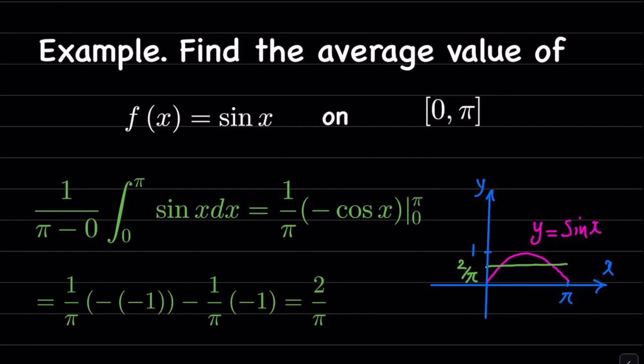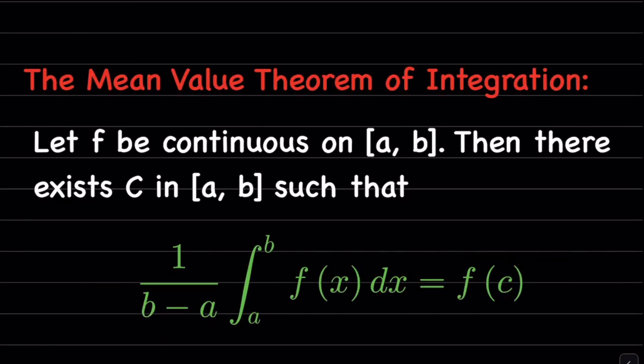You see that there are 2 points where the average value is equal to the value of the function. So there exist points inside the interval where the value of the function is the same as the average. Here we have 2, and the mean value theorem tells us that there has to be at least 1.